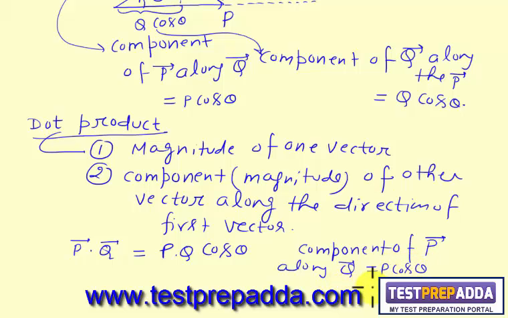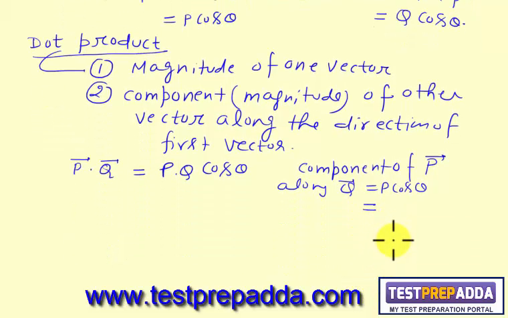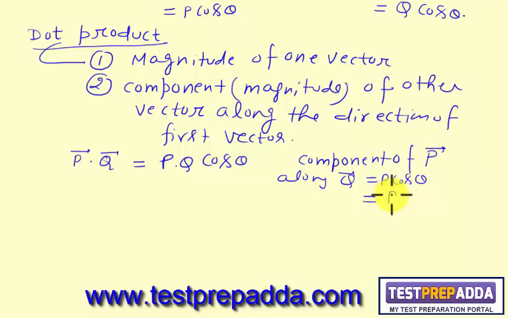But it can be found with the help of the dot product, which is P dot Q upon the magnitude of vector Q. Similarly, we can find the component of Q along P, that will be P dot Q upon the magnitude of vector P, right? I hope you have understood these things.